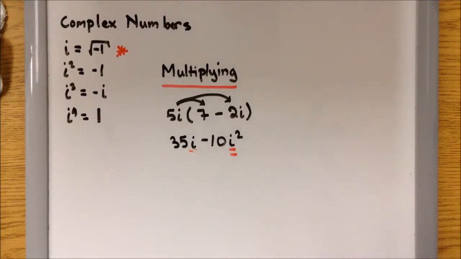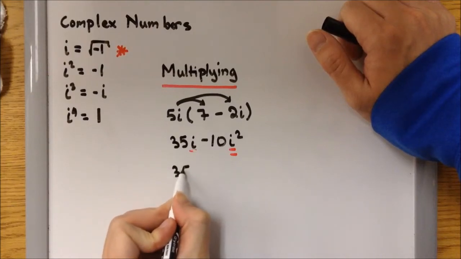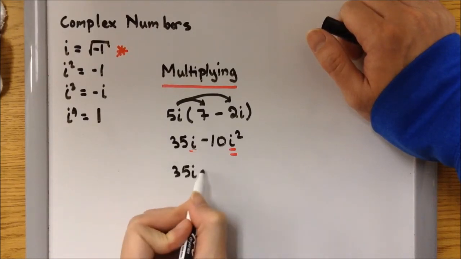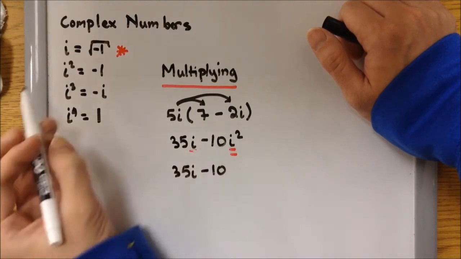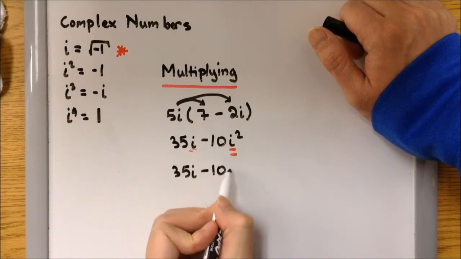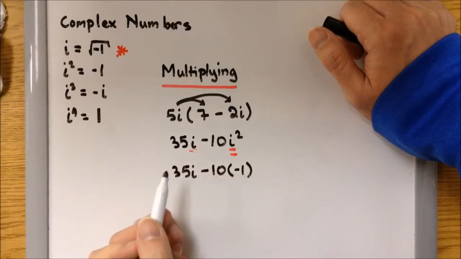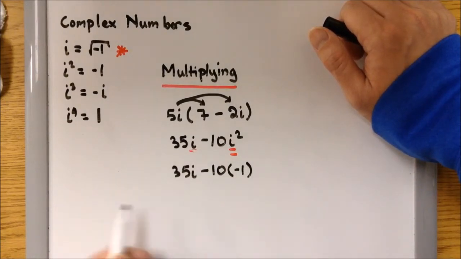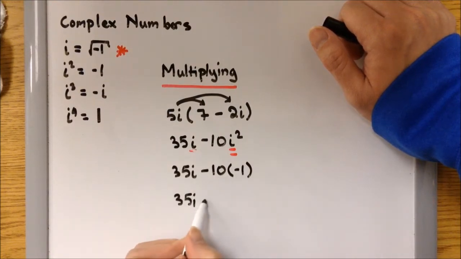We can simplify that. So step by step, I'm going to bring down 35i because there's nothing else you can do to simplify. I bring down the minus 10. Now i squared is negative 1. So since it's negative 10i squared, I'm going to put negative 10, parenthesis, negative 1, close parenthesis. Simplifying that, 35i, and then negative 10 times negative 1 will be a positive 10.